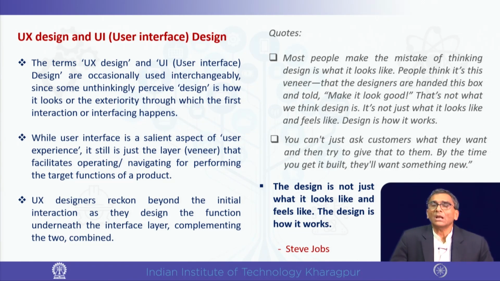Now, we need to understand that, and so it is just not that interface, it is just not that superficial thing, it goes much deeper, the total functioning. Experience comes from the total functioning. Experience comes from how it is taking care of some needs, how it is taking care of the ultimate job to be done using that particular product. So that and this user interface all put together gives the total experience about the product.